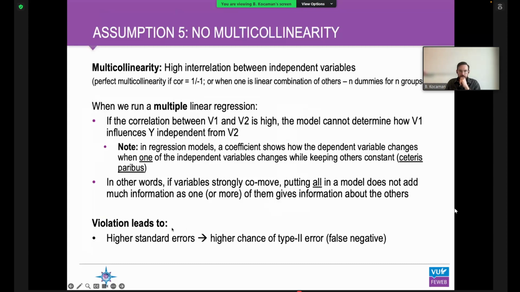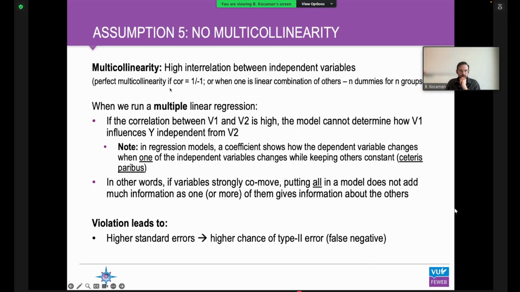If you violate the no multicollinearity assumption, so if you have multicollinearity between your independent variables, then you will get higher standard errors, which means you have a higher chance of false negative conclusions. So when actually there is an effect and you conclude there is no effect. Okay, this is not type 1 error, but type 2 error.